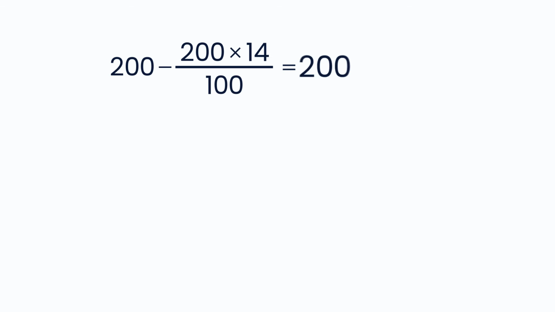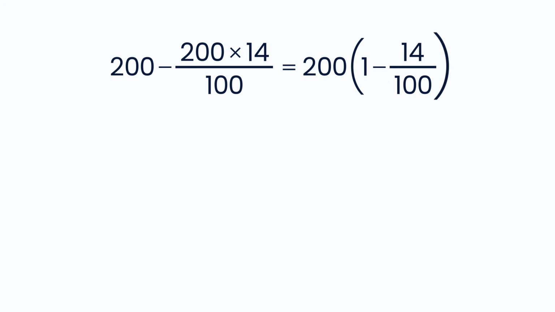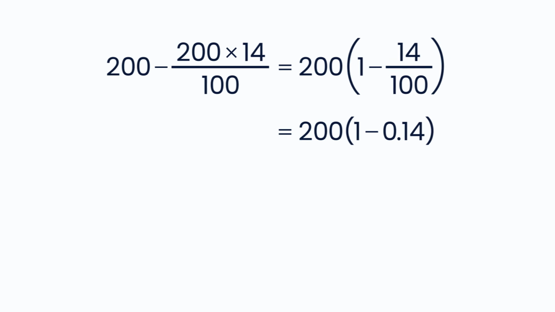This gives you 200 multiplied by the quantity 1 minus 14 over 100. 14 over 100 is the same as 0.14 in decimals. So you get 200 times the quantity 1 minus 0.14.